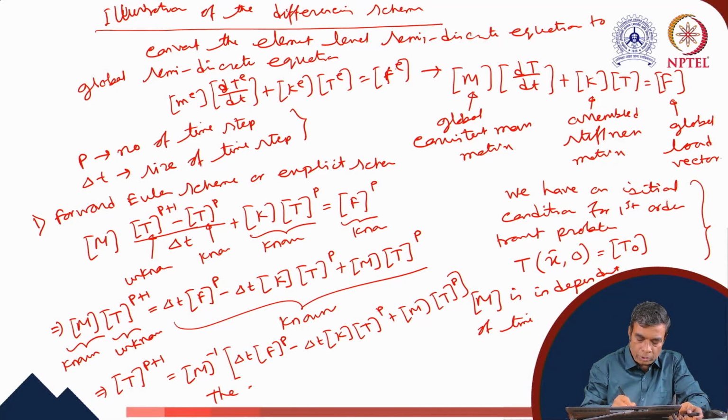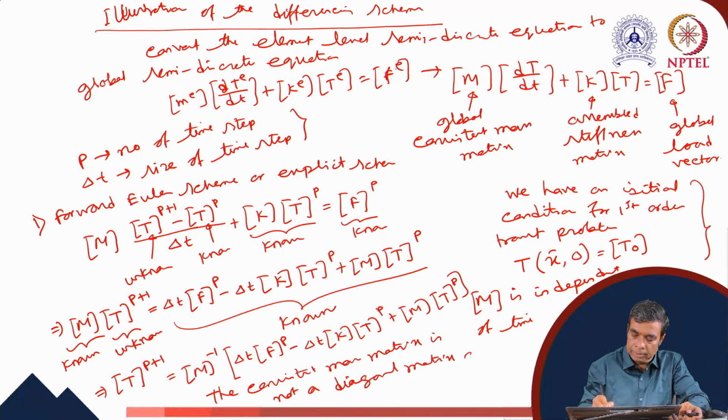The consistent mass matrix is not a diagonal matrix and hence its inversion requires involved calculations.